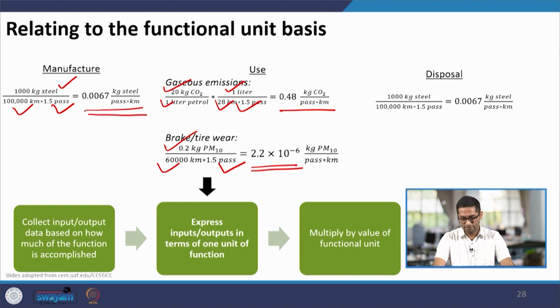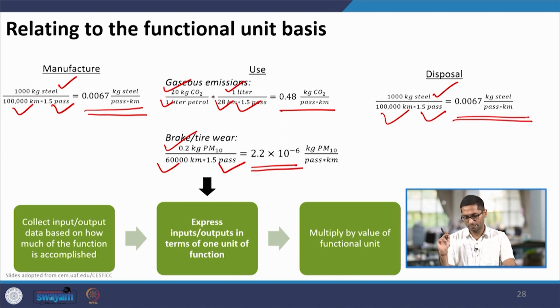A similar thing I can do for the disposal. The weight of the car remains the same, 1000 kgs of steel, 1 lakh kilometers multiplied by 1.5 passengers, and the same amount of steel is getting recycled or disposed.